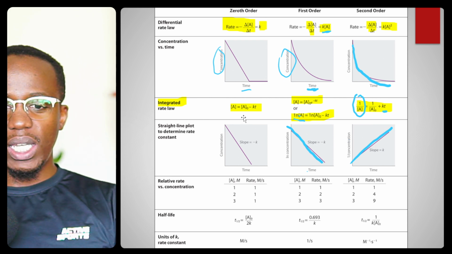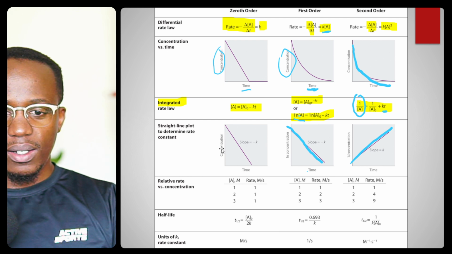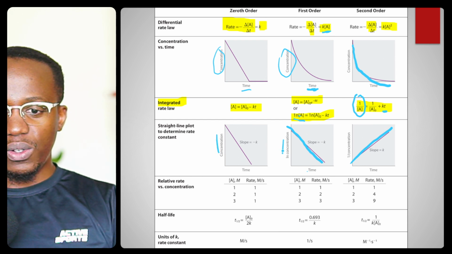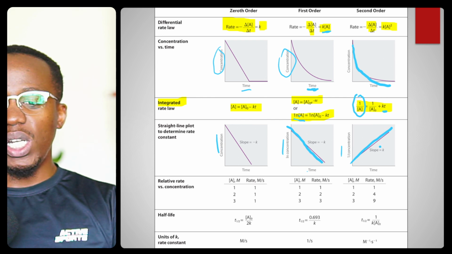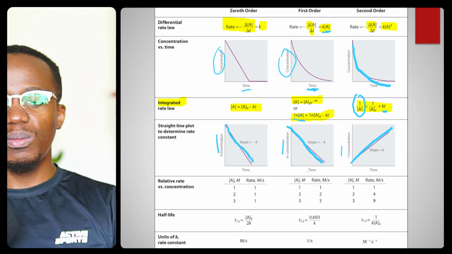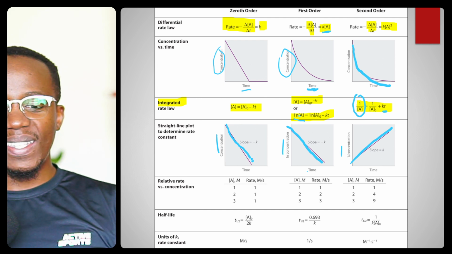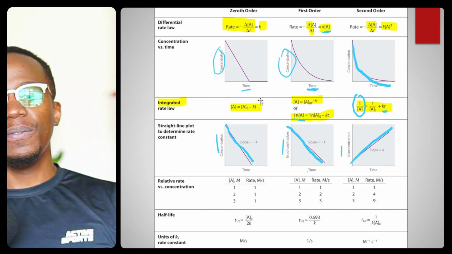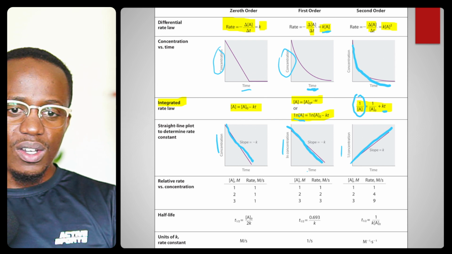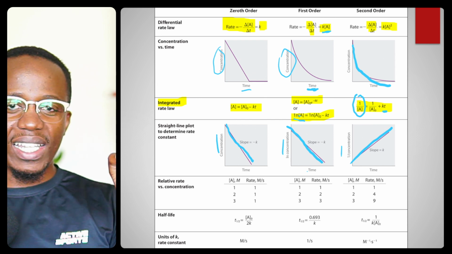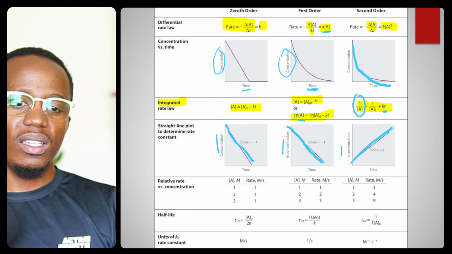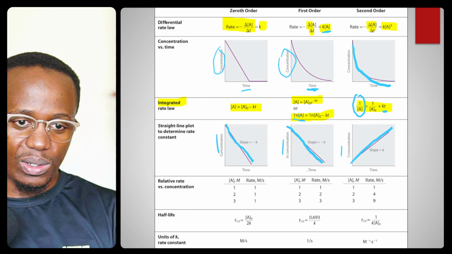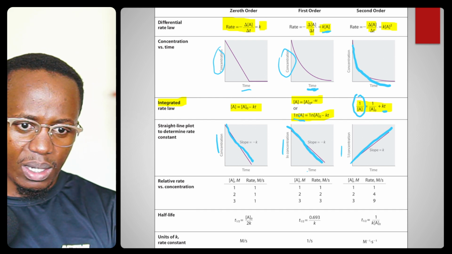We can plot concentration over time, ln of concentration over time, and 1 over concentration over time. Depending on which one is linear, you'll be able to tell, oh, this is my order. So you can not only calculate the reaction order, but you can experimentally find the order. Let's see if I have an example.